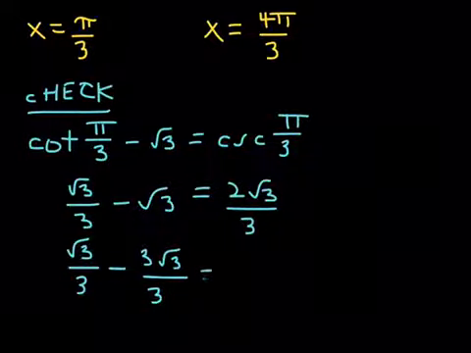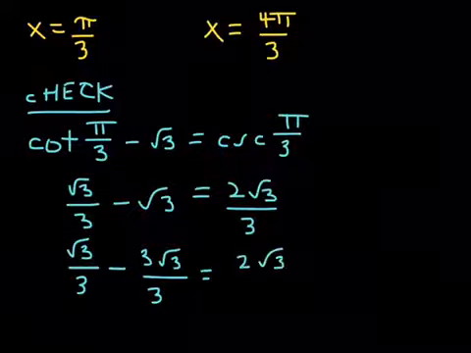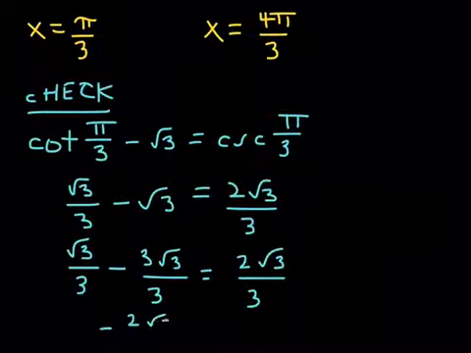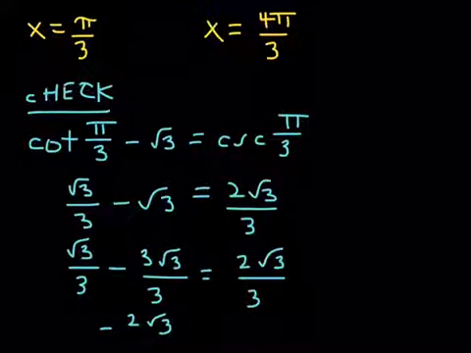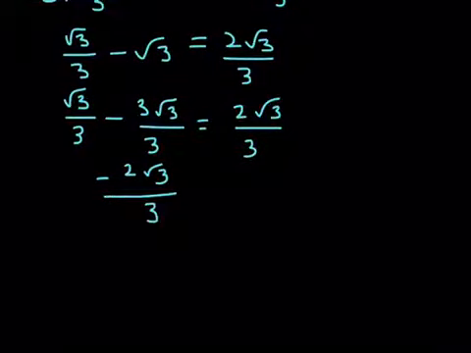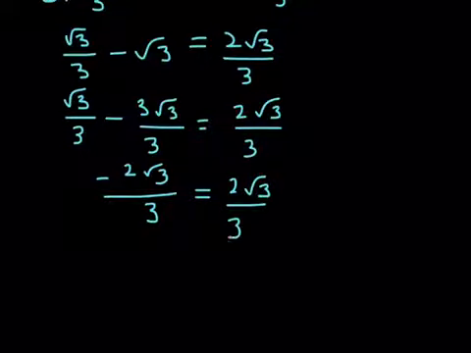And I can see right now that this is not working because the left-hand side would give you negative 2 root 3 over 3, and that is definitely not equal to positive 2 root 3 over 3. So this is a contradiction.